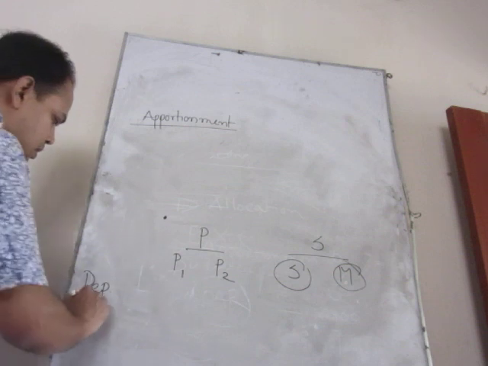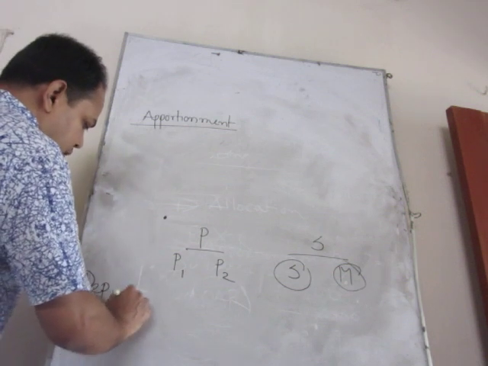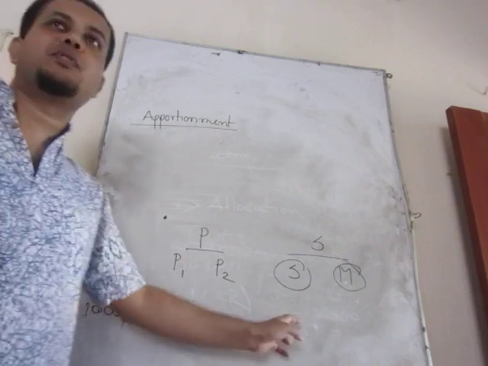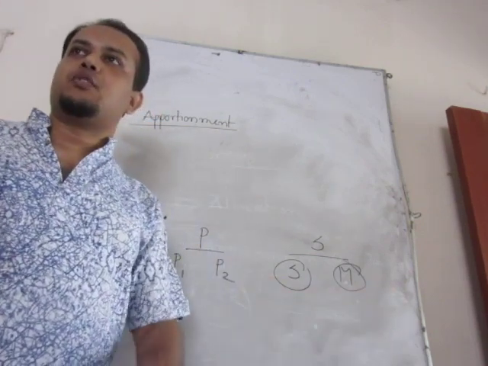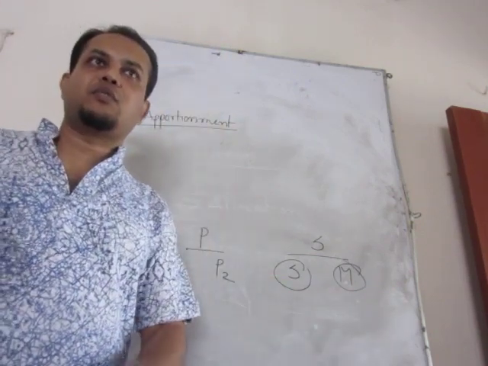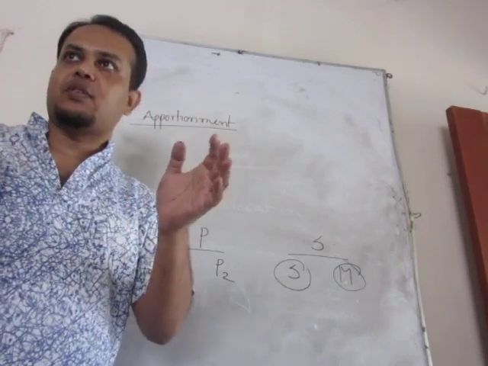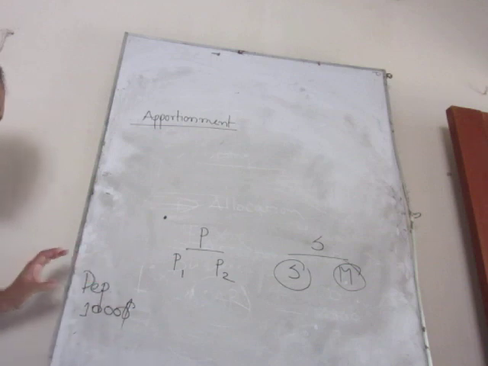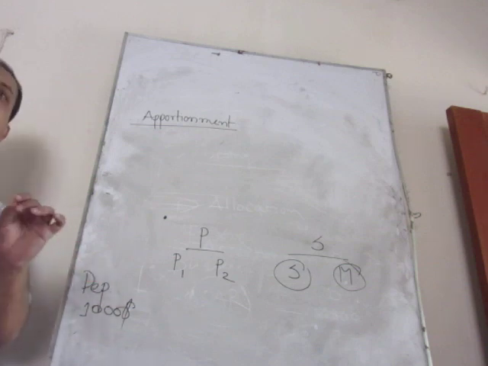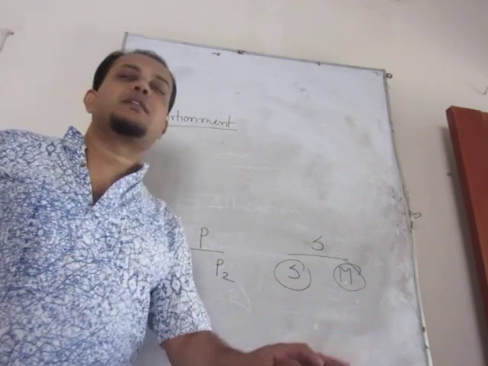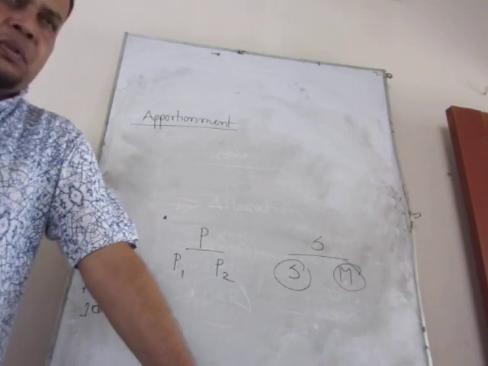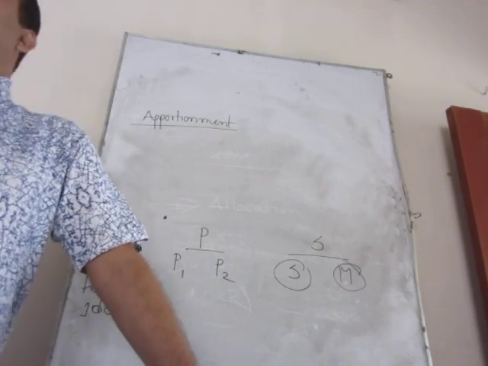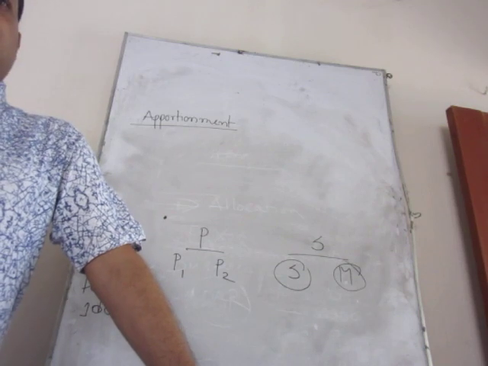So, depreciation 1,000. I need to charge this 1,000 into these 4 departments. So there will be some specific basis on which you can distribute this. Depreciation of building is normally distributed between the cost centers depending upon the floor area of the building.